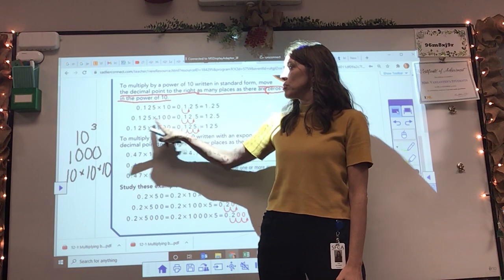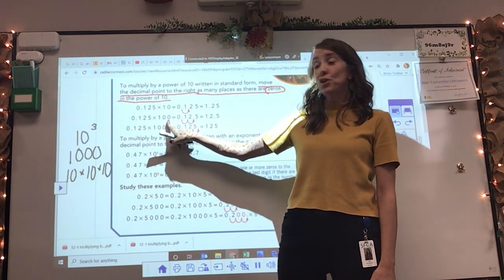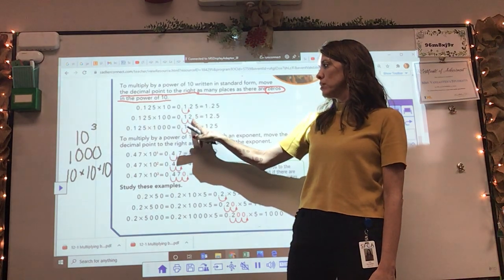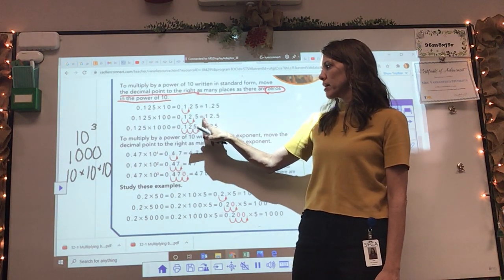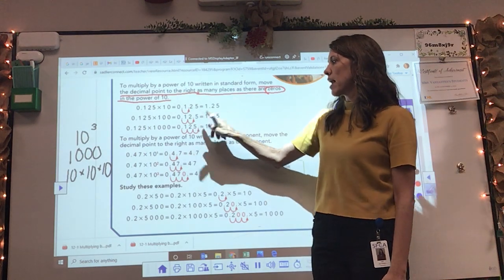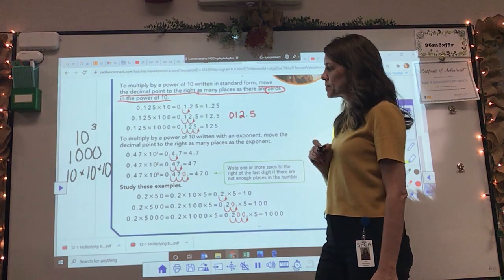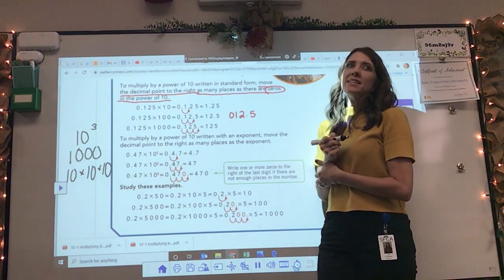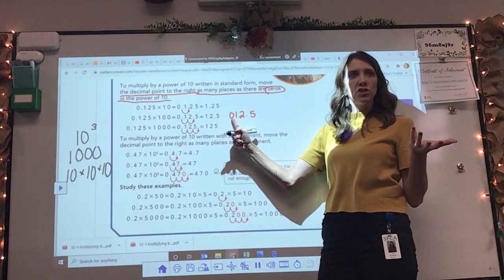So how many places are you going to move 125 thousandths times 100? 2. 1, 2. Rewrite it with the decimal point there. Now, how come they didn't leave the 0 over here? How come it's not 0, 1, 2.5? Because it's an actual number and not a 10. Does this 0 do anything? Does it change the value?